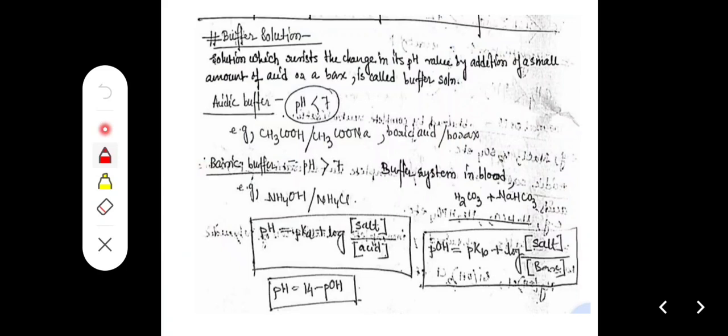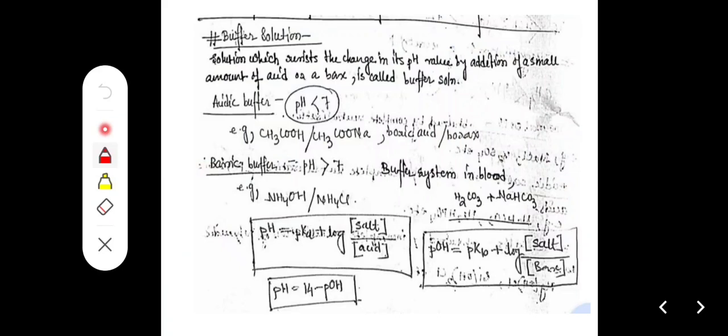Now we consider acidic buffer. You always remember from the study of amino acids, acidic amino acids always have a pH value less than 7, almost 3 to 5, the isoelectric point, right? Similarly, for acidic buffer, always pH less than 7, means they are acidic. pH 7 means always neutral.